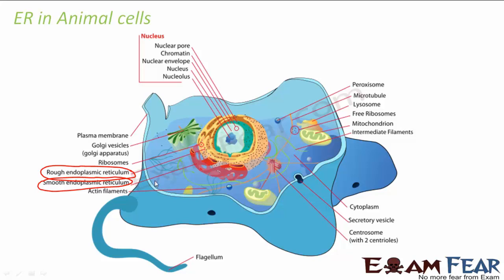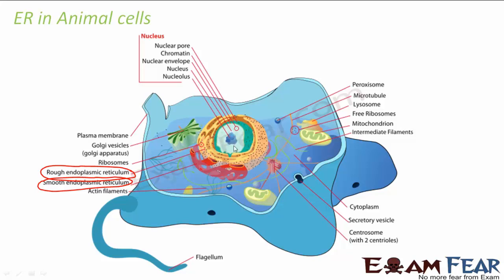From here, can you locate where the endoplasmic reticulum is located? If you see, this portion is the nucleus. This green colored structure is actually the nucleus, correct? This dark green structure is the nuclear membrane which has these dotted structures representing the nuclear pores. We have already spoken about all these things, right?